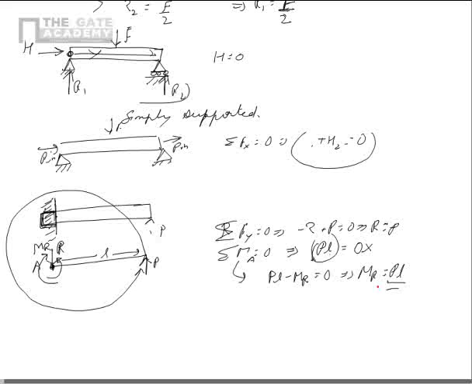So the fixed support provides reaction to the forces as well as reaction to the moment, and that's what I had previously told. In case of roller and pin support, there is no reaction to the moment, but in case of a fixed support or clamp support, reaction to the moment is also provided.